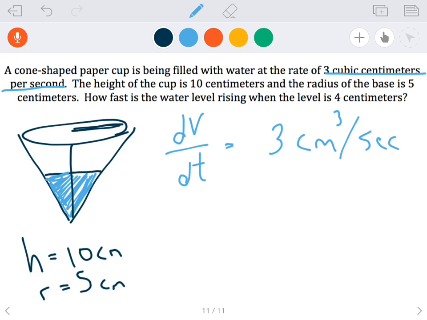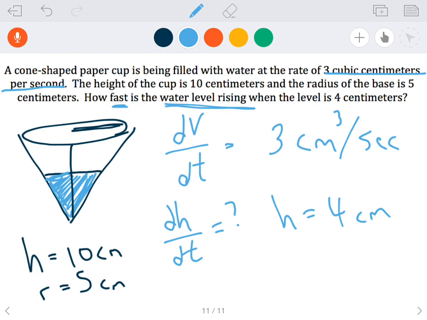How fast is the water level rising? So I'm looking for dH dt of the water. I'm using the light blue to represent the water. That's what I'm looking for, when the level is 4 centimeters. So when the water level, light blue, is 4 centimeters.